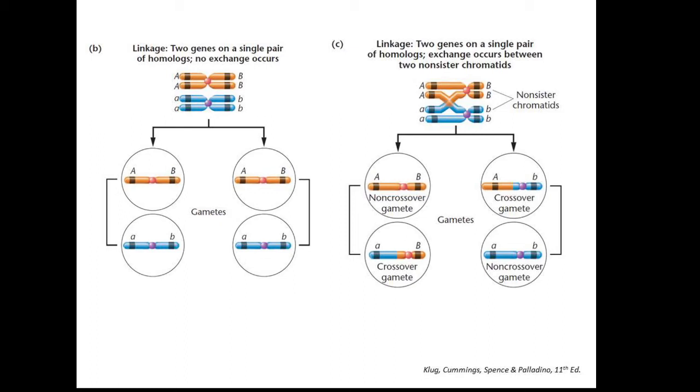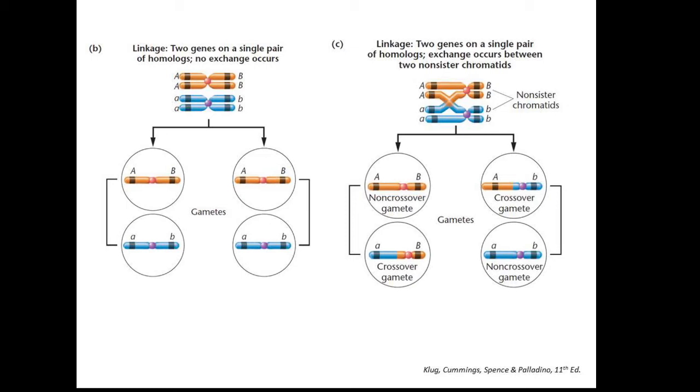When gametes are formed from this one homologous chromosome pair, one gamete carries capital A, capital B, and another carries small a, small b. Obviously, there is no crossover, no exchange between non-sister chromatids.